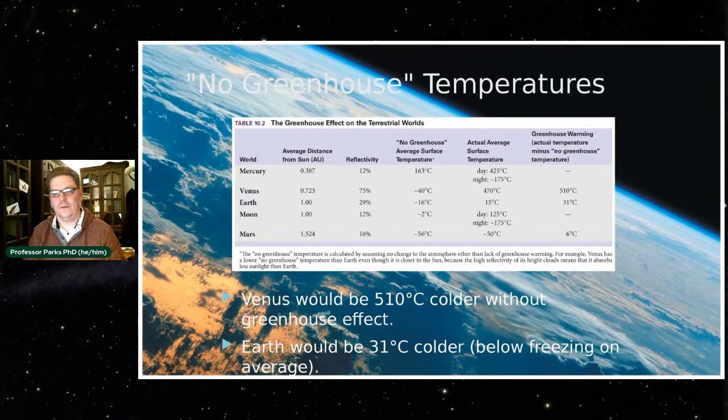And the Moon, being very similar to Mercury, also has an extreme day-nighttime cycle. On the last column, you can see how much the greenhouse warming has contributed to the rise of the overall temperature. Again, for the Earth, it's probably a little bit more, by fractions of a degree centigrade now, than it was at this writing.